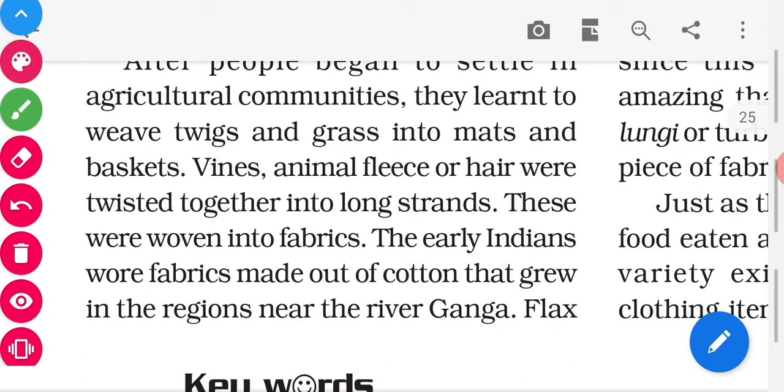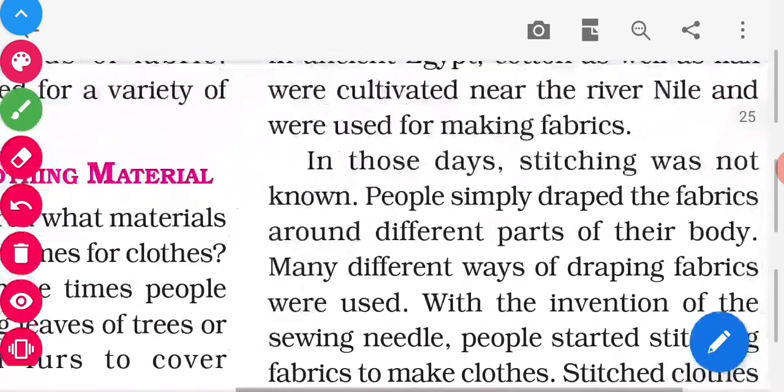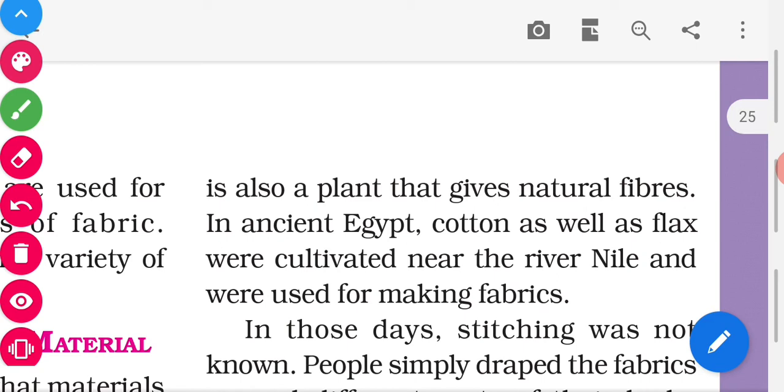They started making fabrics, but it was still not so developed. During the earlier times, people used to wear cloth that was not stitched. Why? Because people did not know how to stitch cloth. So that's why ladies used to wear the sari and males the dhoti during the ancient times, because there was no knowledge of stitching.